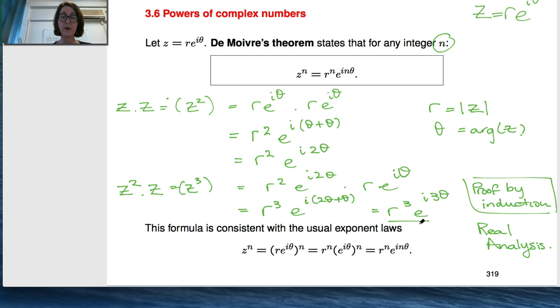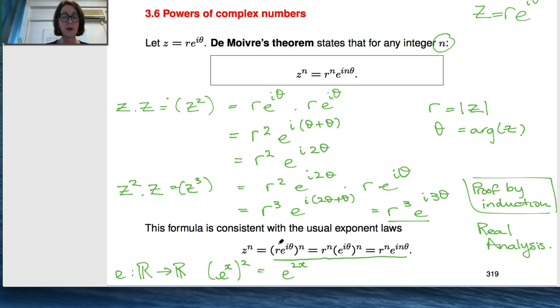Okay, but note for now, you can sort of see how this might go the more times you multiply z by itself. You might also note that this fits in with our usual laws for the exponential function. So if you had just the real exponential function from R to R, then the rules for the exponential function say if you have e to the x squared, then that's the same as e to the 2x, for example.